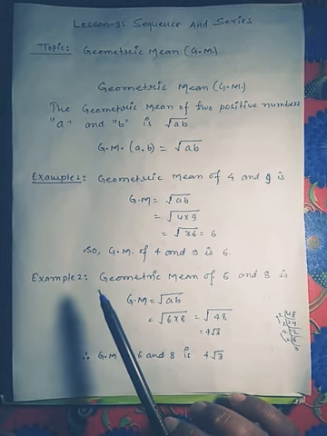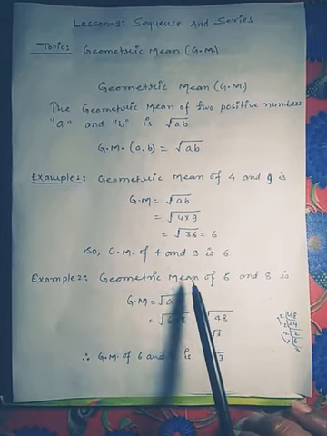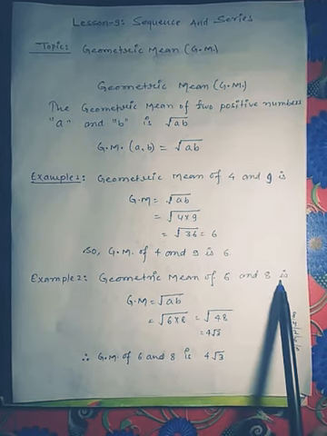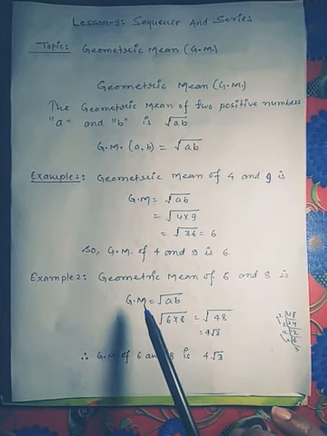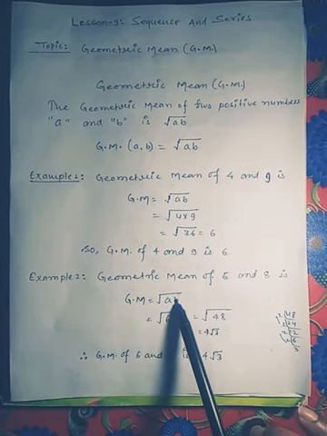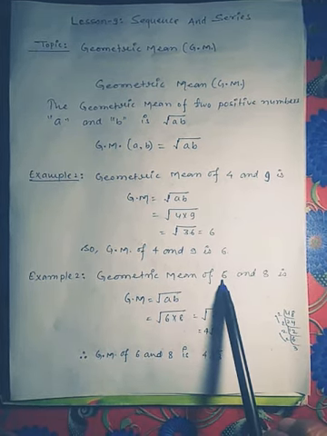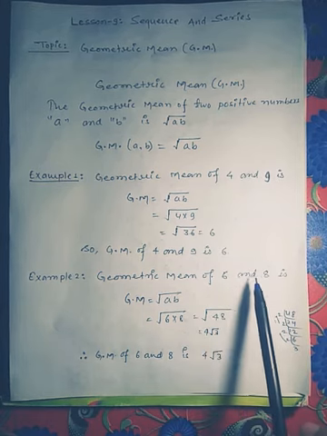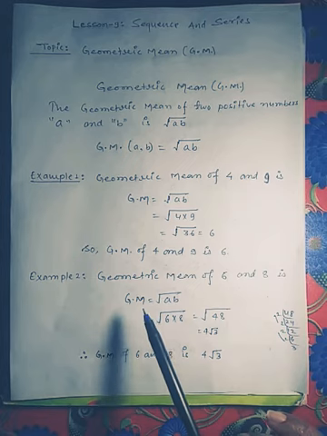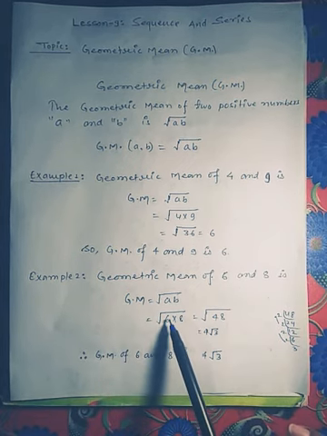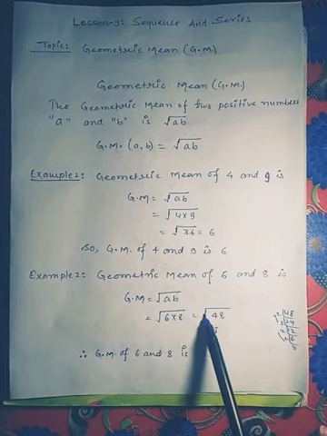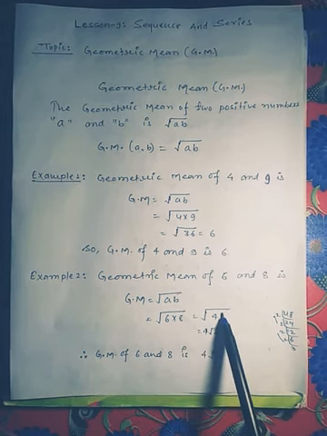Example 2: geometric mean of 6 and 8 is... Since GM is equal to root over AB, A is 6 and B is 8, so GM equals root over 6 into 8, which is root over 48.